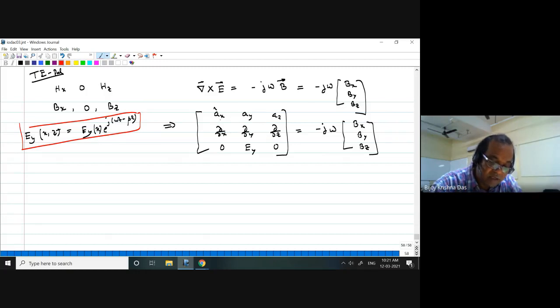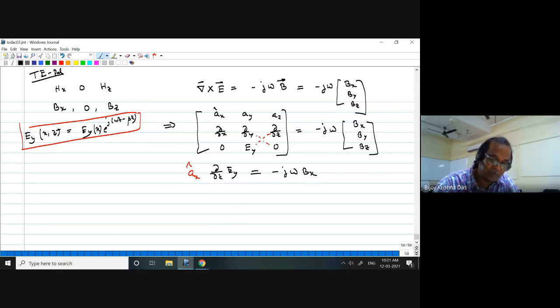So if I try to find out the x component, I have to multiply this one and this one, subtraction, right? So the x component I can write is 0. That means, just the x component, this is actually del z of Ey, and that x component must be equal to minus j omega bx, right?